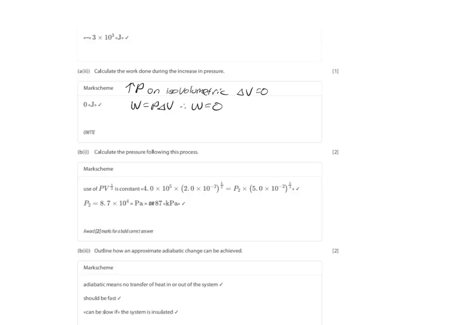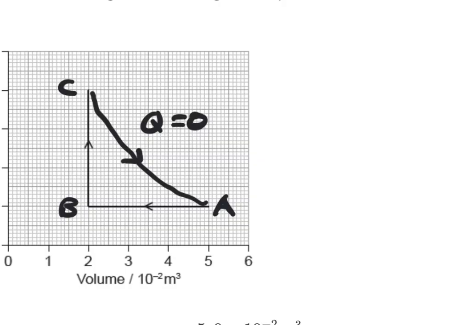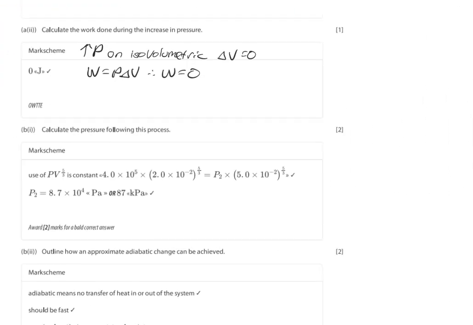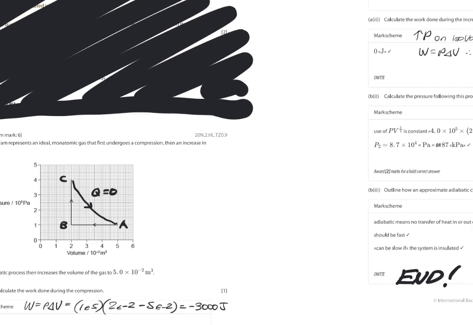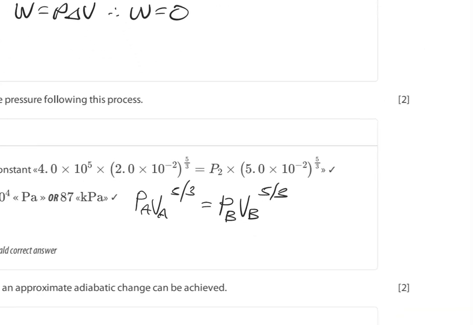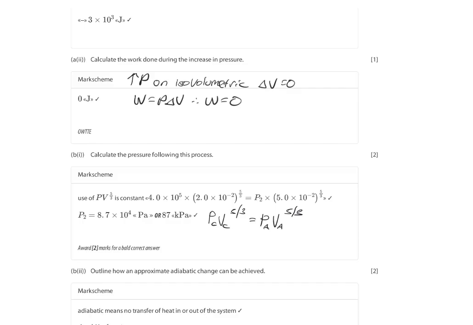Anyway, they're actually looking for the 87 kilopascals at A, because they're following the adiabatic relationship. Honestly, instead of A and B, it's really C and A, and you're looking for the pressure at A.